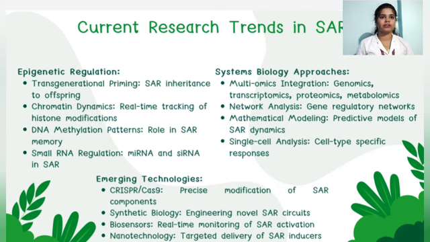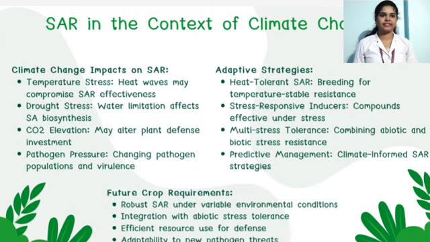The current research in systemic acquired resistance is focusing on epigenetic regulation, biological approaches, CRISPR editing, biosensors, and nanotechnology for targeted delivery of systemic acquired resistance inducers. And what about climatic stresses affecting systemic acquired resistance? Heat and drought can affect it.